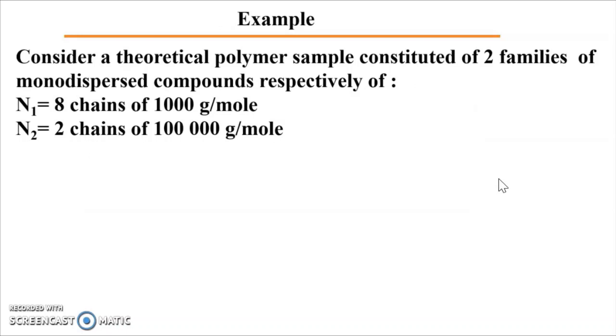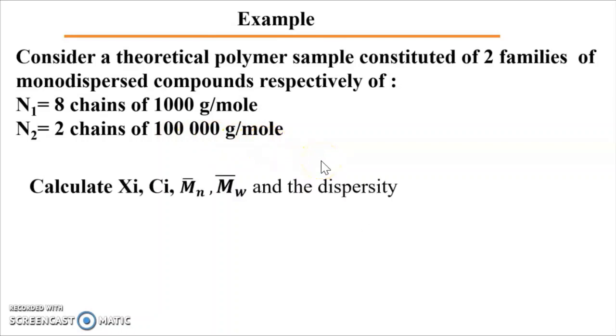Hereafter, I will give you a calculation example. Consider a theoretical polymer sample composed of two families of monodisperse compounds. For the first group, we have 8 chains of M1 equal to 1000 grams per mole, and for the second family we have 2 chains of 100,000 grams per mole.